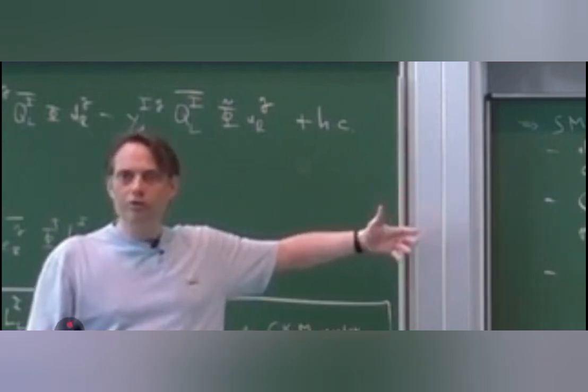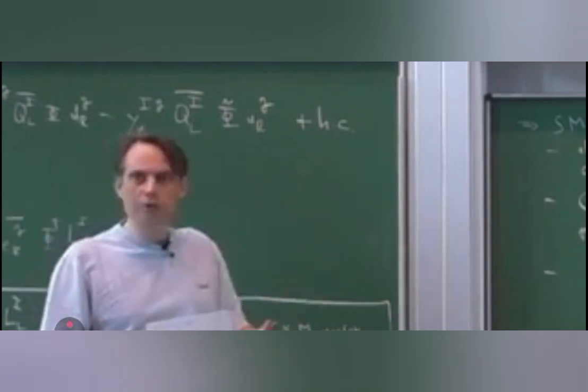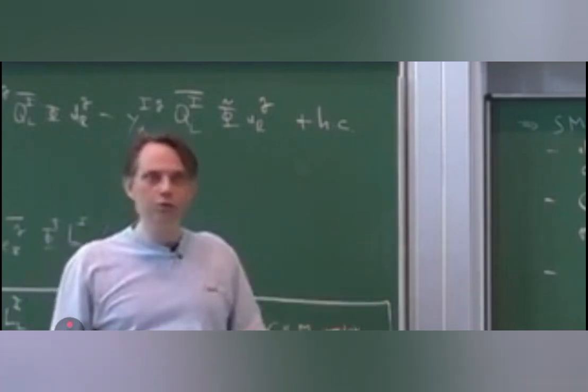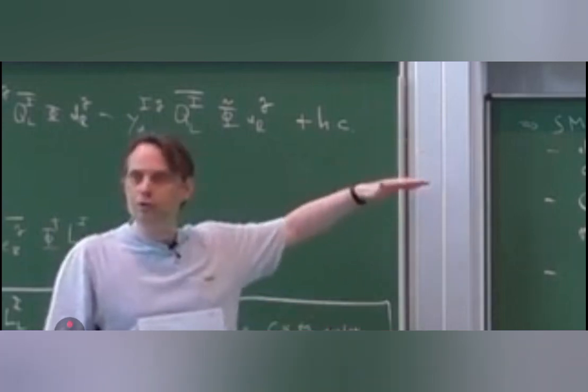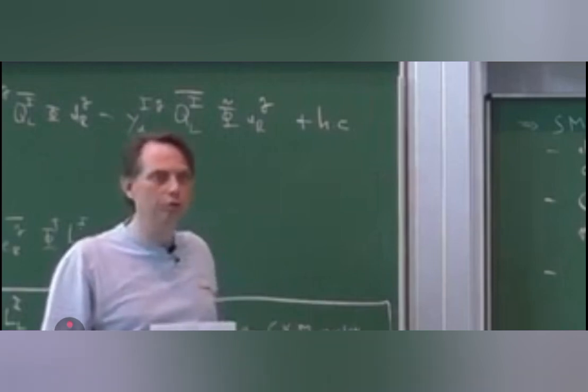In order for a process to feel CP violation, the process must somehow depend on all three generations simultaneously. Otherwise, you could always forget about the other generations and take a real CKM matrix, and then you wouldn't have a CP violating effect.